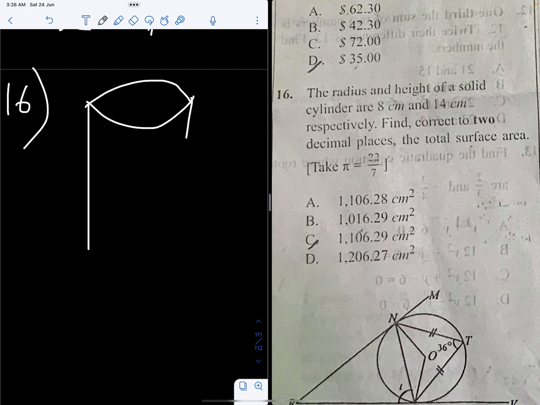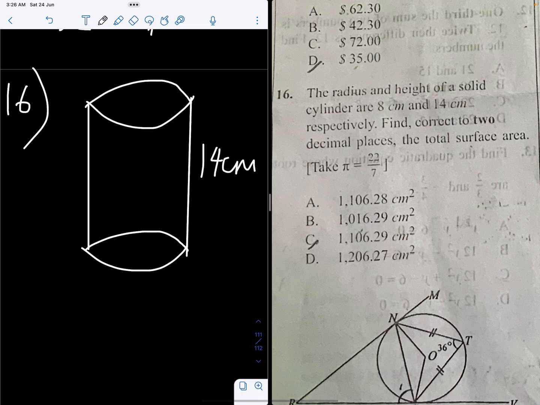This is the height, 14 centimeters. The radius is 8 centimeters. Now, what's the total surface area?